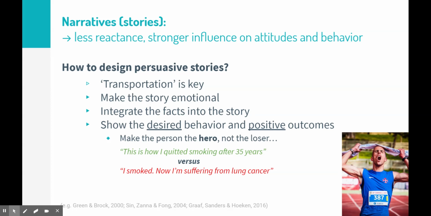These fear appeals often don't work. They make people very defensive again. So, for instance, with smoking, it is much better to tell the story about how someone successfully quit smoking instead of trying to scare people by telling them how smoking resulted in terminal lung cancer, for instance.